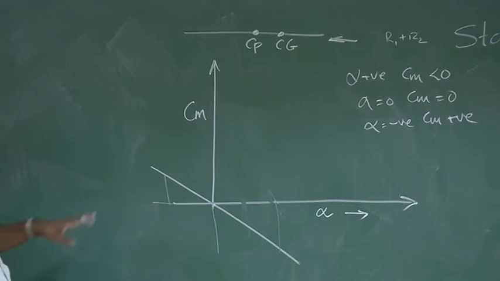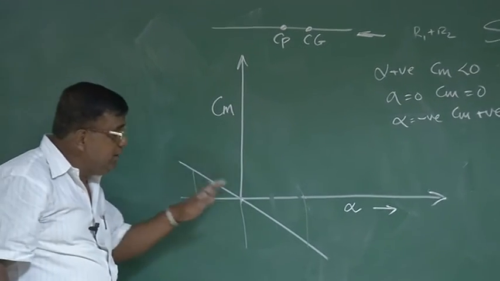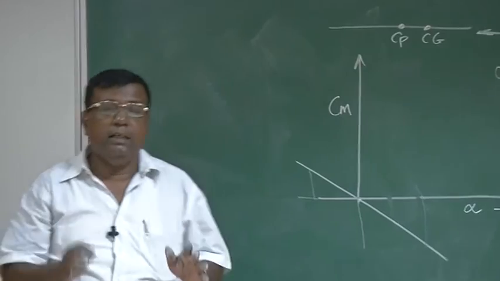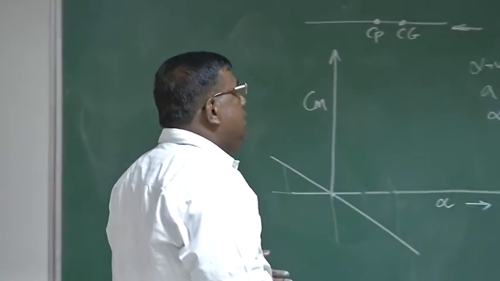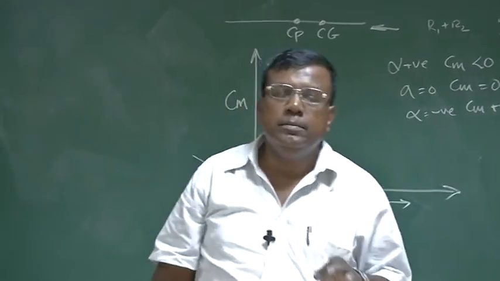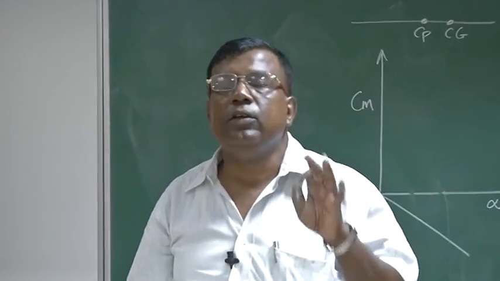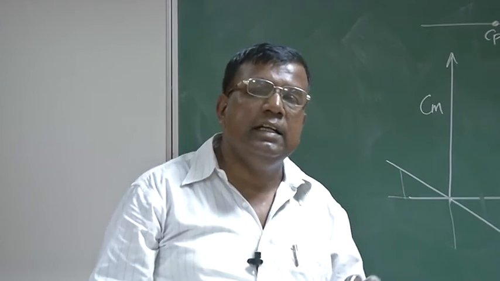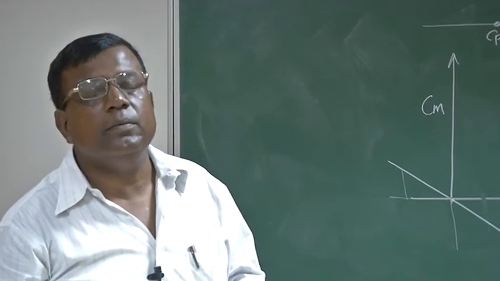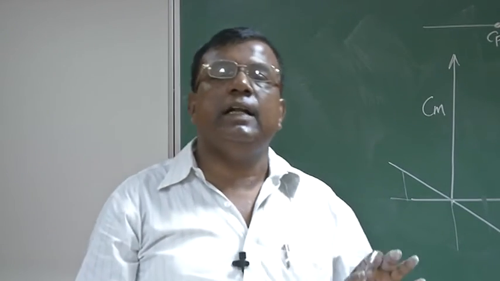Now I will try to see whether this representation indeed tells me that the aircraft or this plate has static stability. Now recall, how do we define static stability? We said if a system is disturbed from its equilibrium point and if it has an initial tendency to come back to the equilibrium, then this system is statically stable.